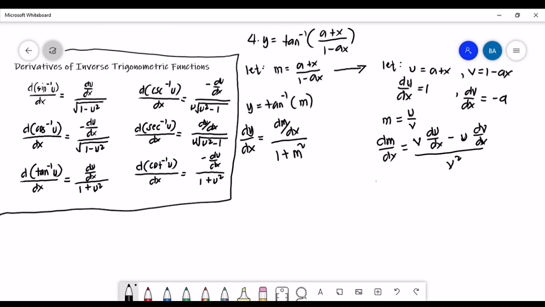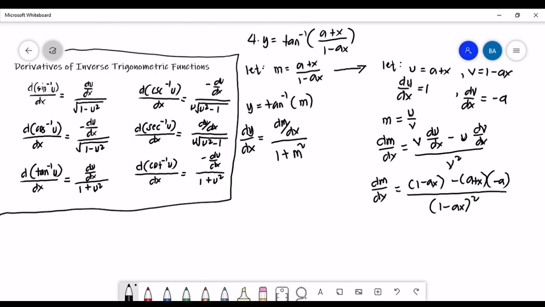So let's substitute. dm with respect to dx is equal to v, which is 1 minus ax, times du/dx, which is 1, minus u, which is a plus x, times dv/dx, which is negative a, over the square of v, which is (1 minus ax) squared.